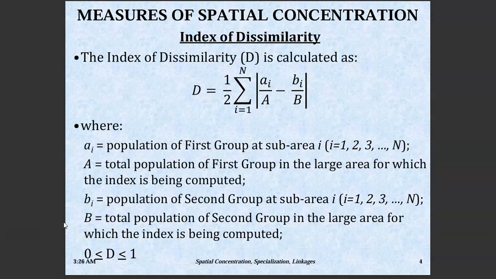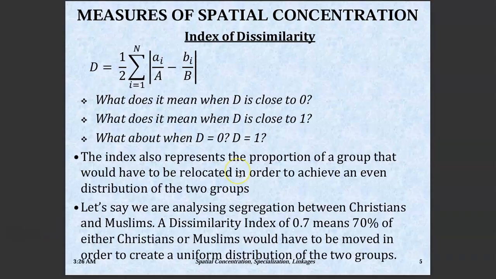At the end, the D we are supposed to get here should be between 0 and 1. So what does D mean when it is close to 0? What does it mean if it's close to 1? And what if it's exactly 0 or exactly 1?